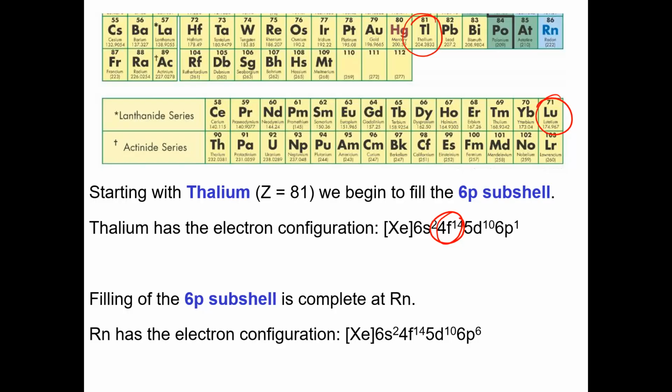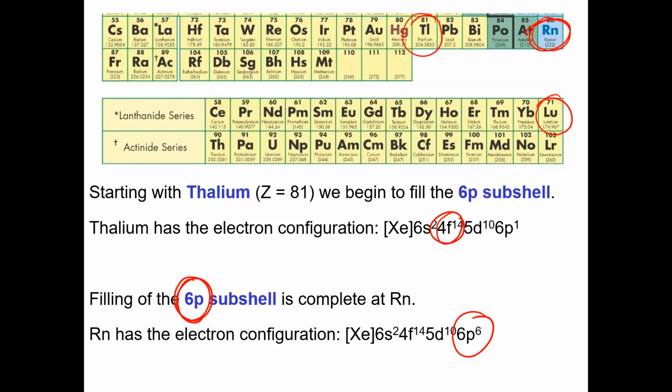All right. So you'll notice, if you pay attention, every time we get to a noble gas, we completely fill a p subshell. So all of the noble gases have a completely full p subshell with 6 electrons in it.